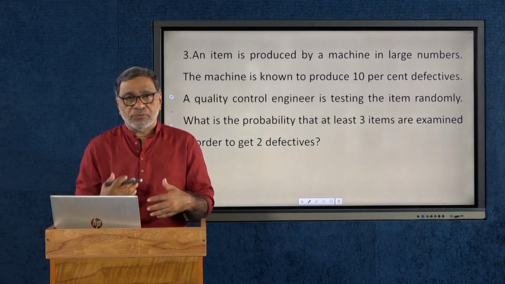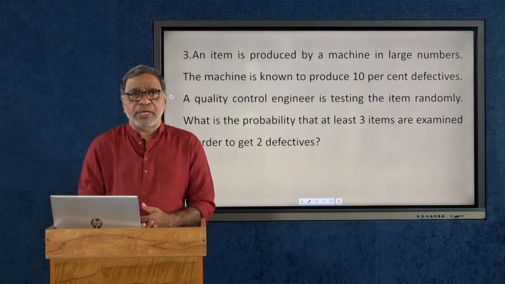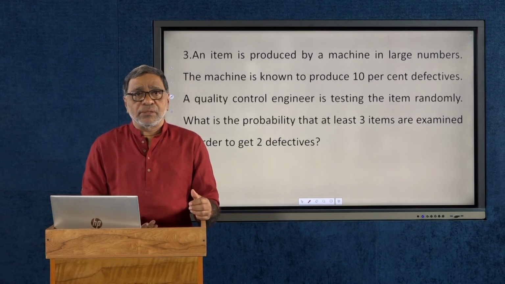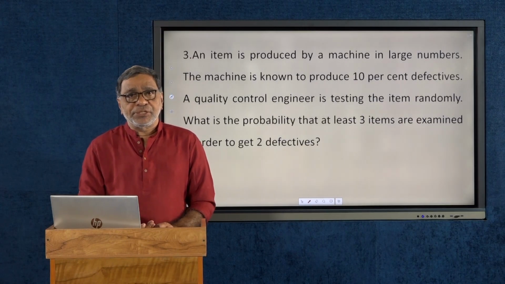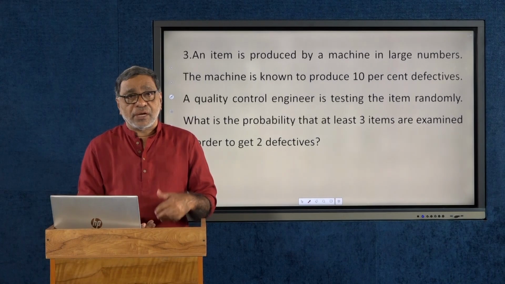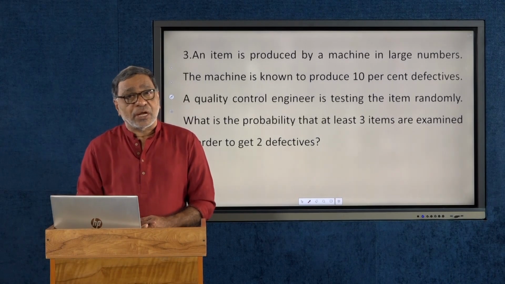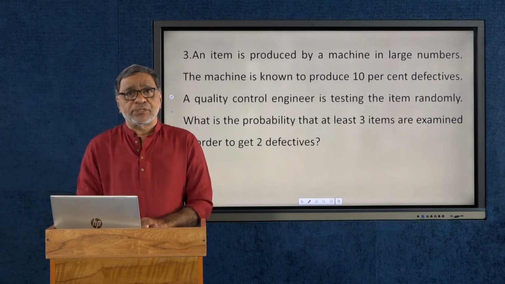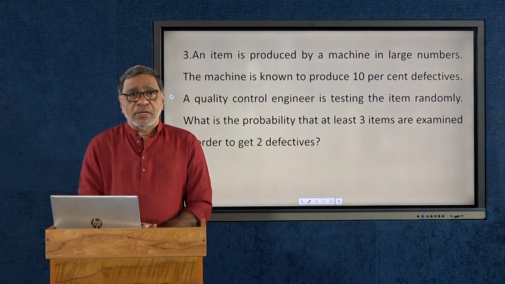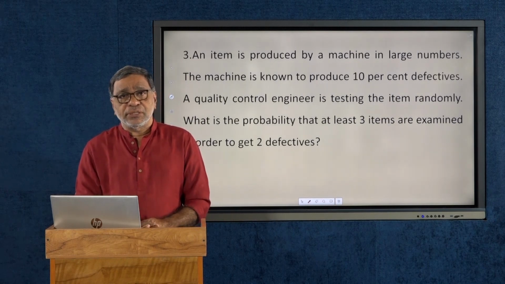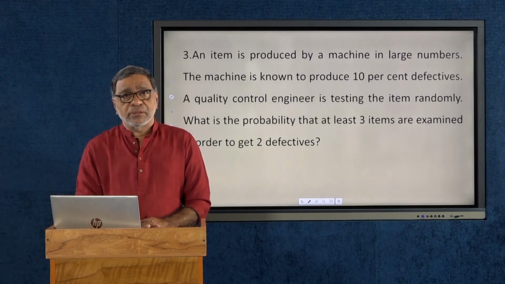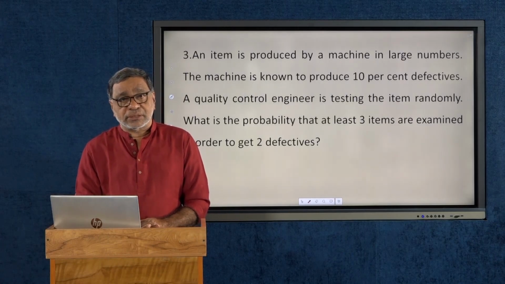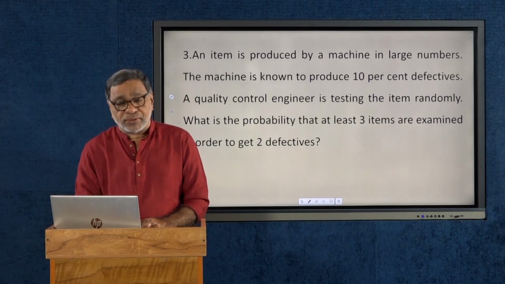So, go through the question once again. Items are produced by a machine in large numbers. The machine is known to produce 10% defectives. A quality controller is testing the items randomly. What is the probability that at least three items are examined in order to get two defectives?